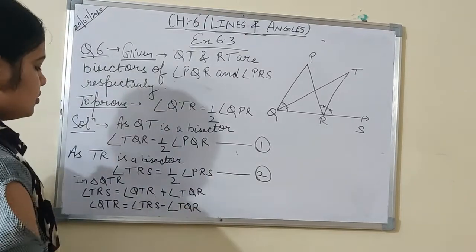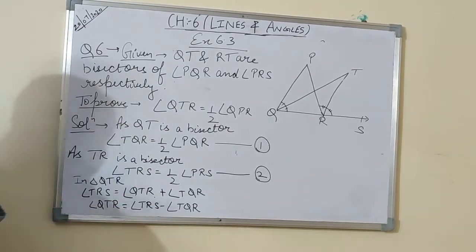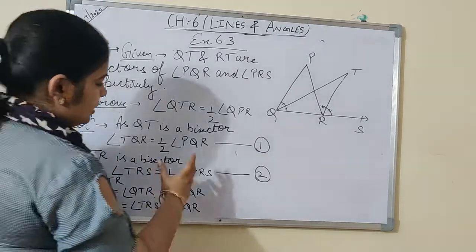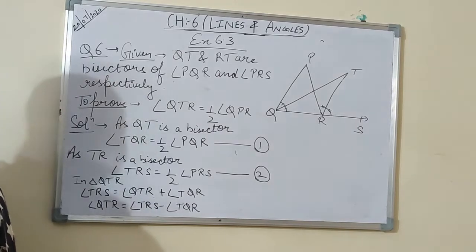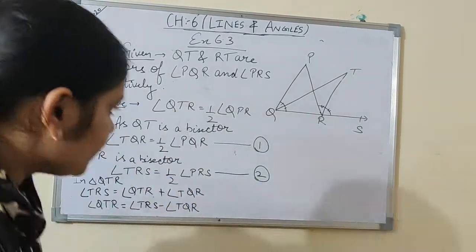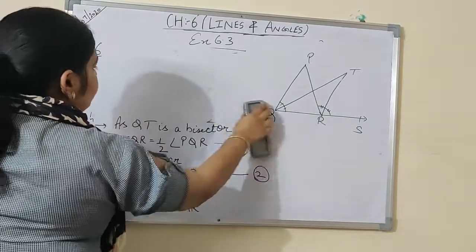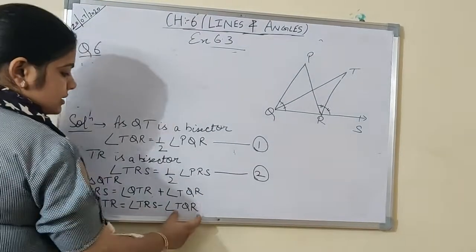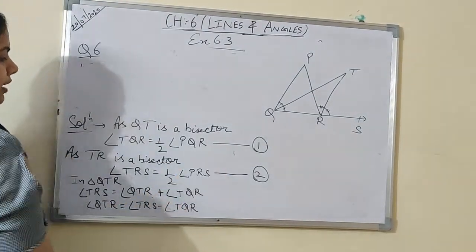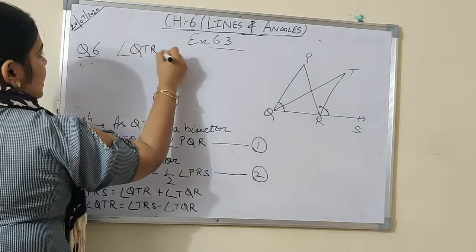I hope till here there is no doubt. I have just shifted TQR to that side, and then I have found the value of angle QTR, so that it will be convenient for us for further steps. So we can put the value of angle TRS and angle TQR from equation number 1 and 2. I am writing angle QTR as it is.